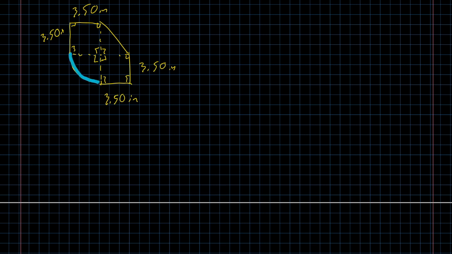I have an arc in blue, and I have a diagonal line that I've marked in red. The arc I can figure out using what I just said about circumference. That's a right angle that's marked inside there, which means that that arc is 1/4 of a circle.